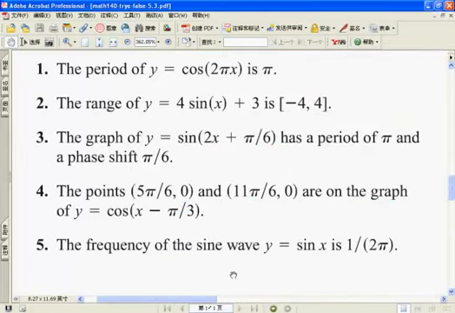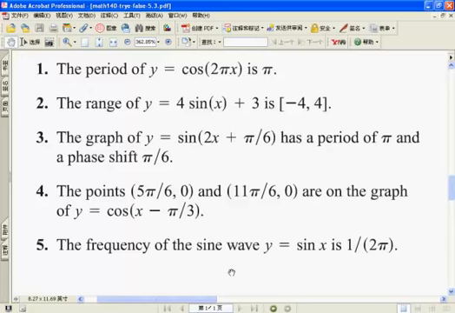Now let's look at number 5. The frequency of the sine wave y equals sine x is 1 over 2 pi. True or false?